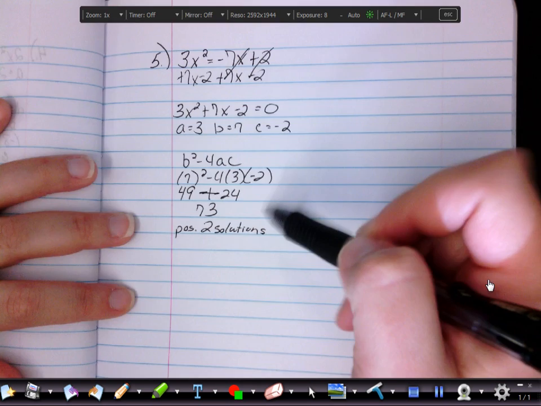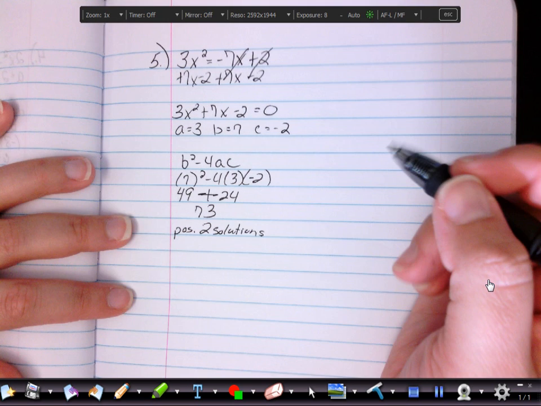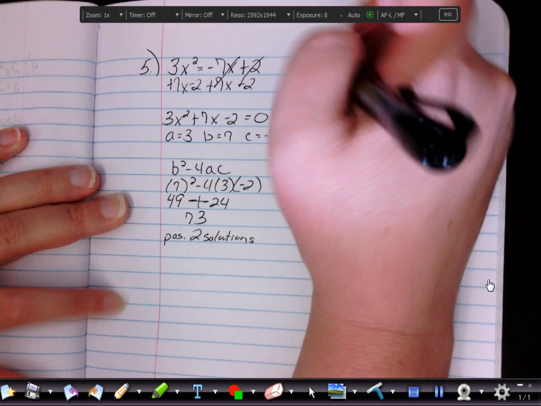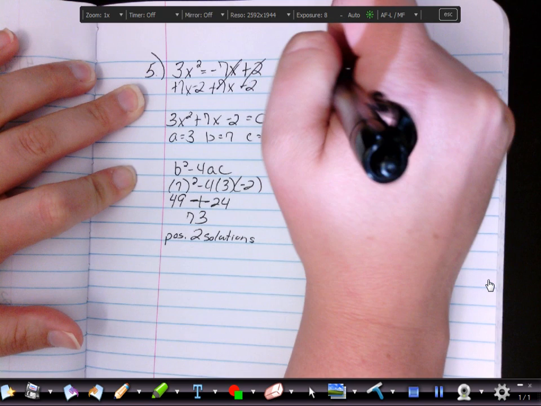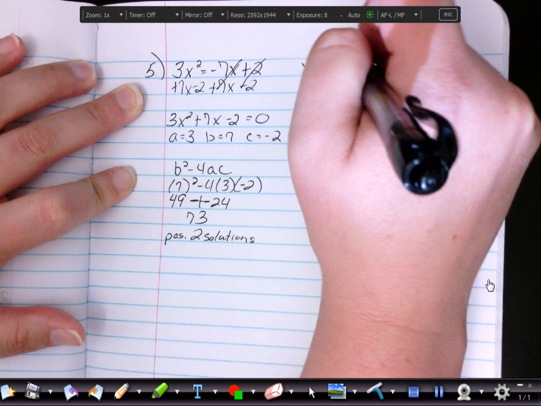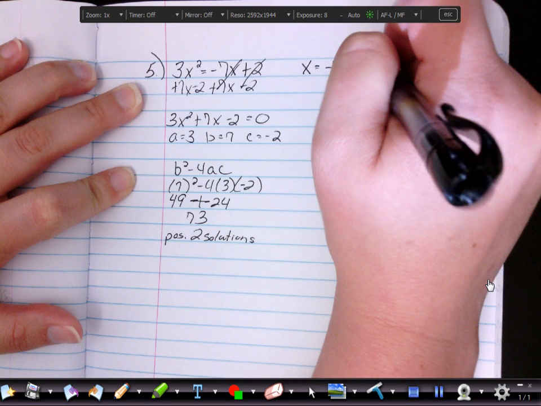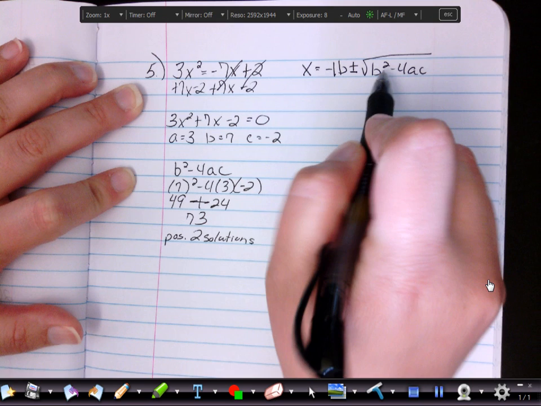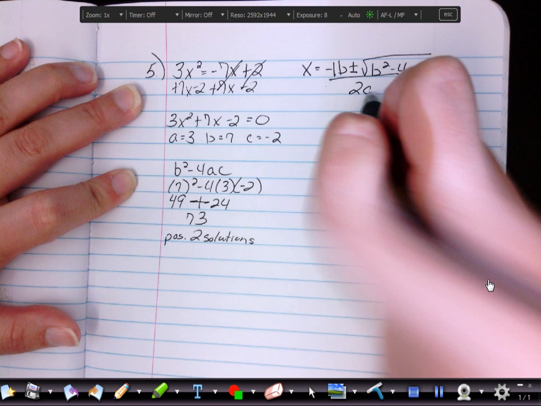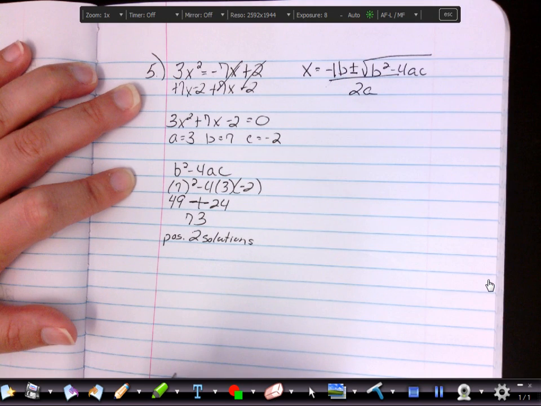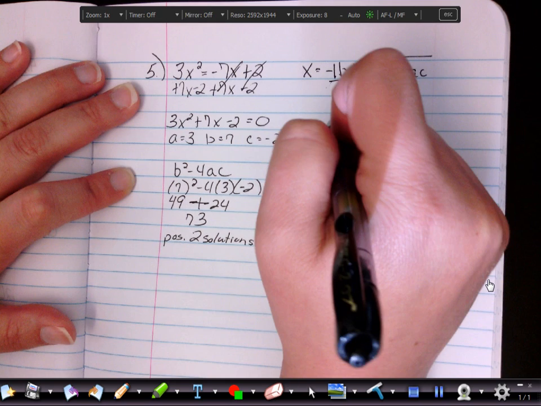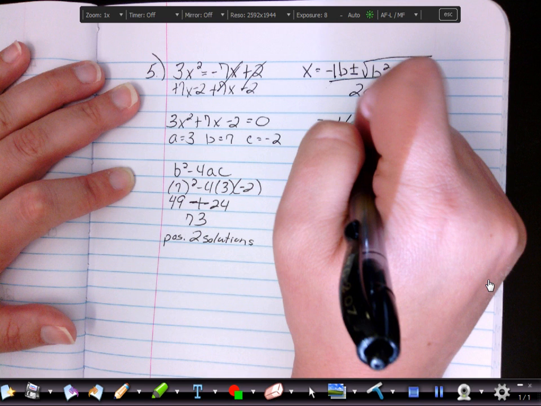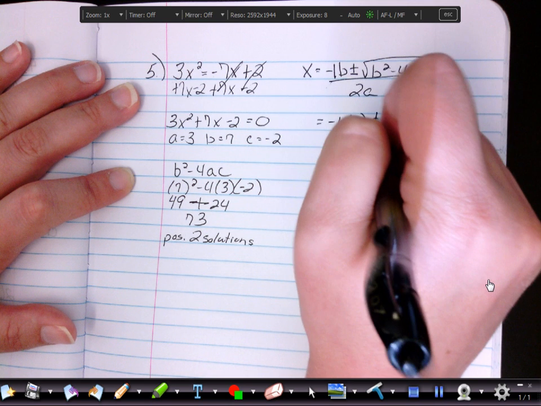So now I'm going to actually use that discriminant in my quadratic formula to find what those 2 solutions are. So we're going to say x equals negative b, or negative 1 times b, plus or minus the square root of b squared minus 4ac. Again, there's my discriminant that I've already found, over 2 times a. So I'm going to start plugging stuff in. Negative 1 times b, which is 7, plus or minus the square root.